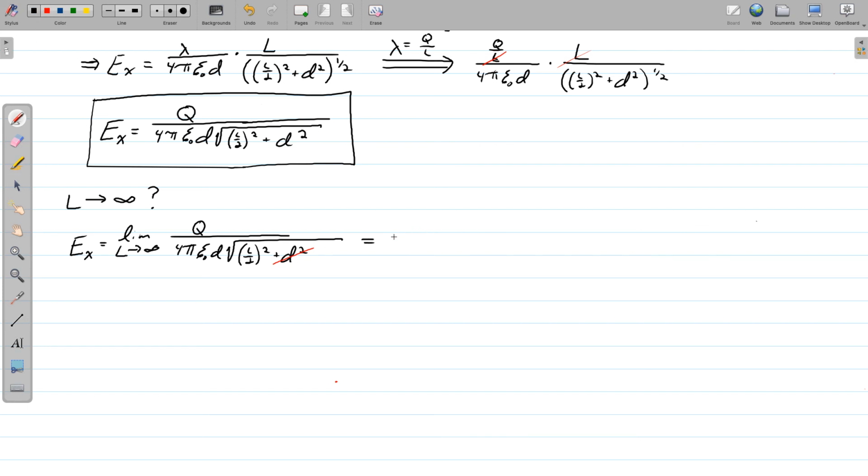Then this turns into the limit as L approaches infinity of Q over 4 pi epsilon naught d. Now that d squared is gone, this is the square root of one term squared, so the radical cancels with that 2, and this is just L over 2.